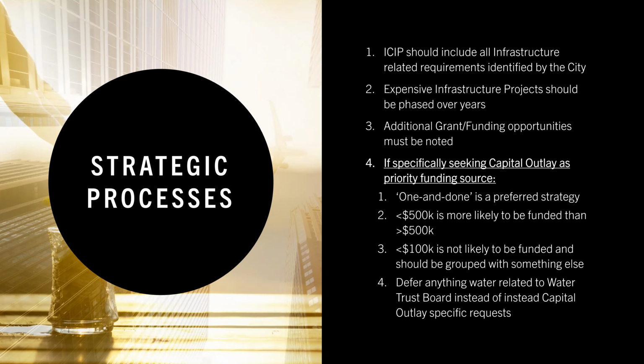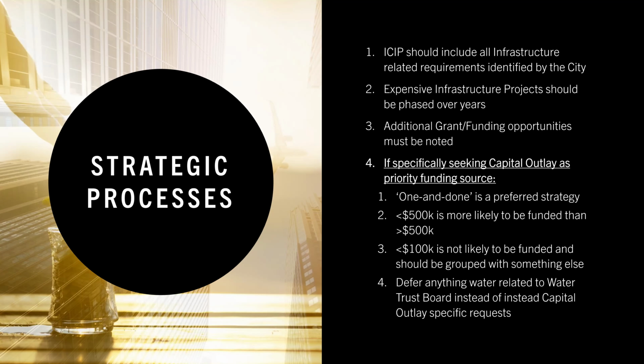Now, that's not to say that capital outlay is the only funding source. That's to say by breaking it down over years, as you have seen in things like the Blackwater well field, Lime Street tank rehabilitation, etc. Those are broken down into multiple phases, plans, designs, construction phase 1, construction phase 2, construction phase 3, because we're more likely by breaking these down into chunks on the ICIP and representing them and asking for funding to get $5 to $10 million at a time, as opposed to seeking $34 million for a single project, one and done, for a few different reasons.